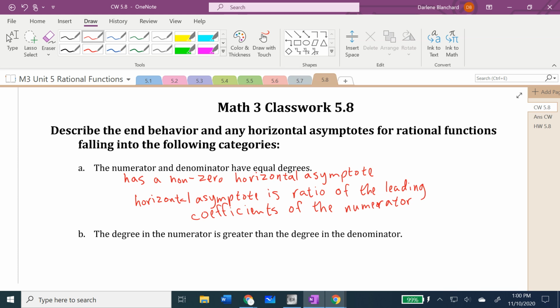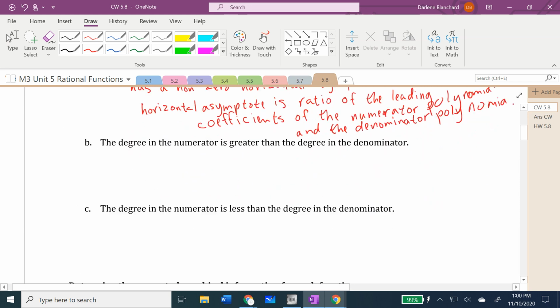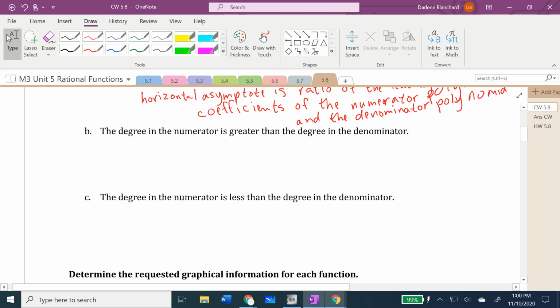The horizontal asymptote is a ratio of the leading coefficients of the numerator polynomial and the denominator polynomial. I'm going to move down to letter C. If the degree in the numerator is less than the degree in the denominator, we already learned that that gives you a horizontal asymptote of 0.